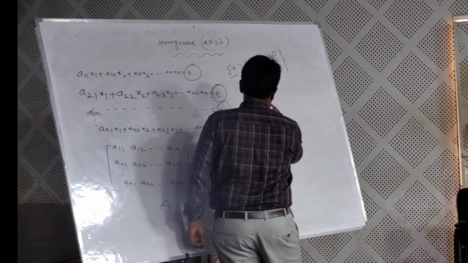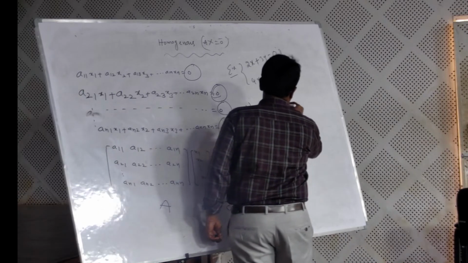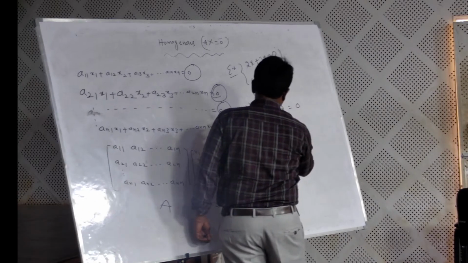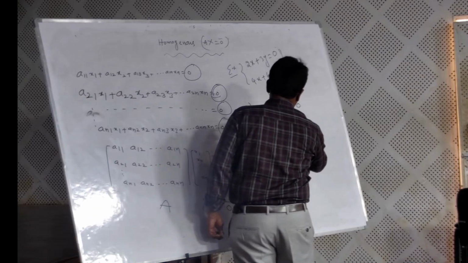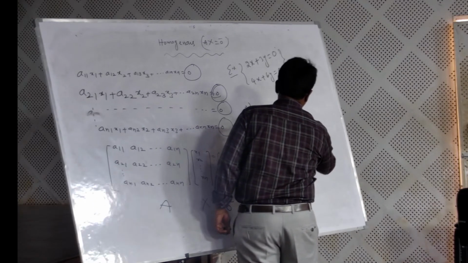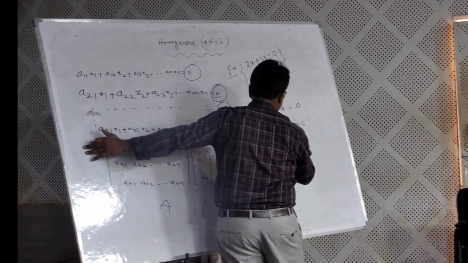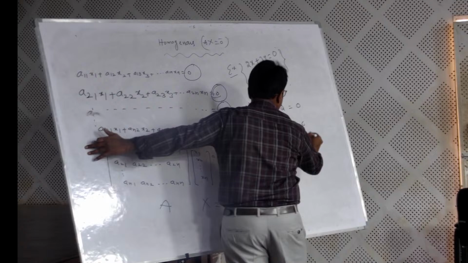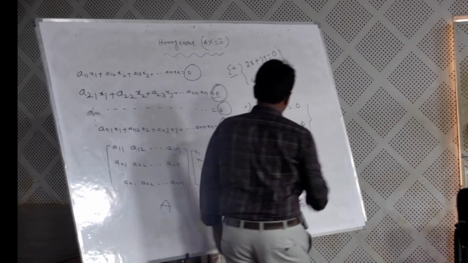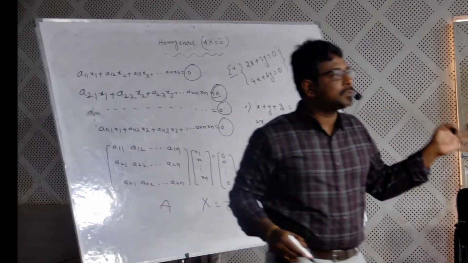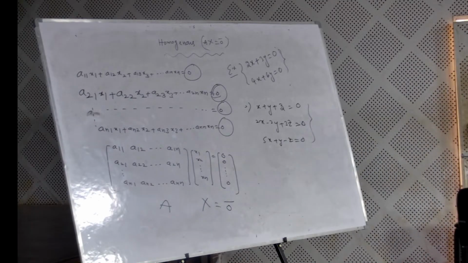Okay. x plus y plus z equal to 0. x minus 2y plus 3z equal to 0. x plus y minus z equal to 0. The second example also belongs to, tell me, homogeneous.